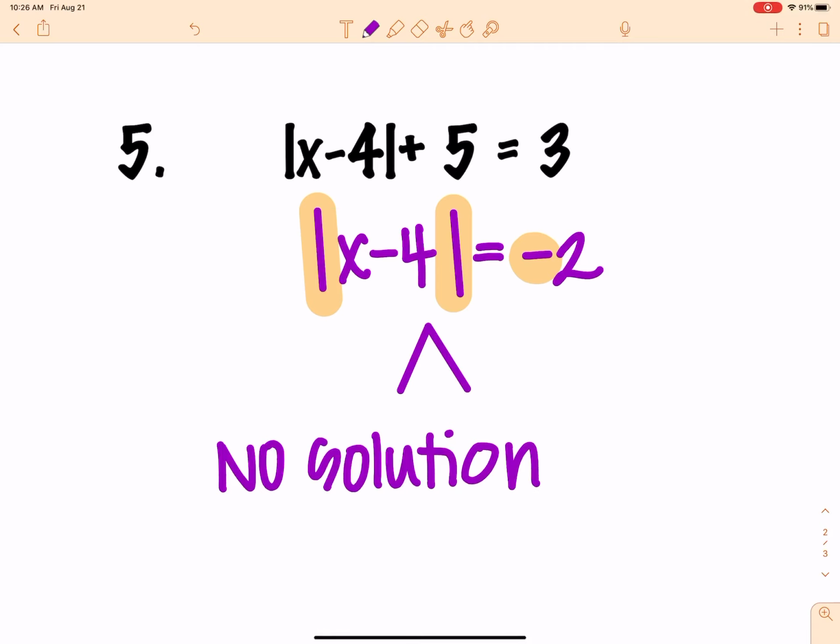You don't even have to go further. If you forgot that rule, you would keep on solving, and if you checked your answer like a good student, you would see that it doesn't make sense, something doesn't work out. So there are two ways you should come to no solution, but definitely at this point you should be thinking of no solution as soon as you see a negative number once your absolute value is isolated.